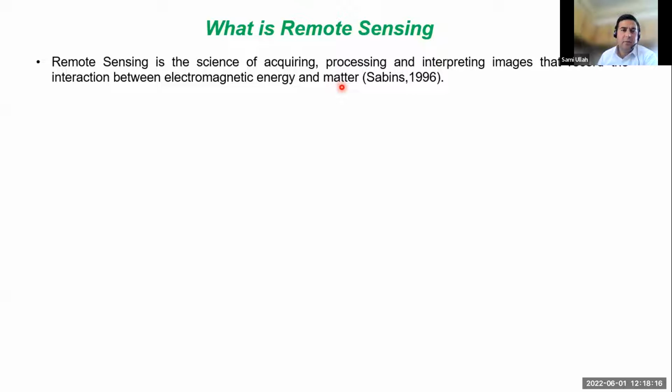Matter is, for example, solids, gases, and water, and electromagnetic energy is sunlight. This interaction takes place and is reflected from the matter, and that is recorded by the sensor. The sensor data is converted into images, which we acquire, and after that we process and interpret these images for different meaningful information.